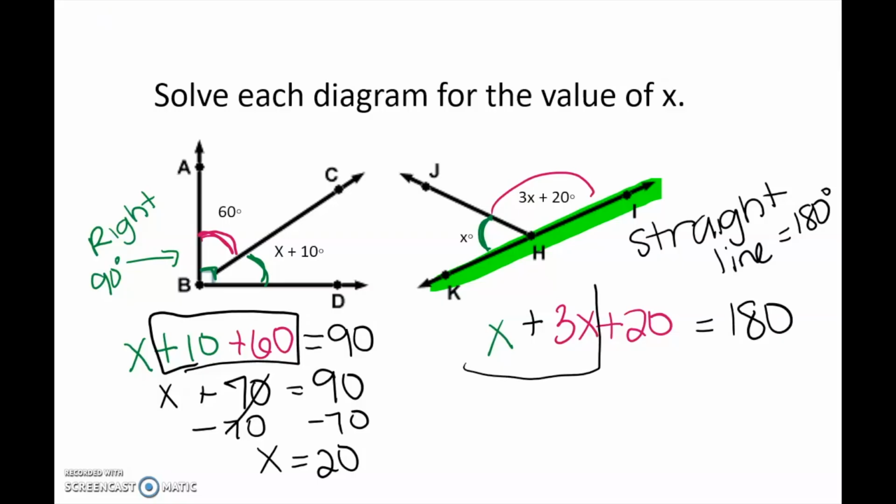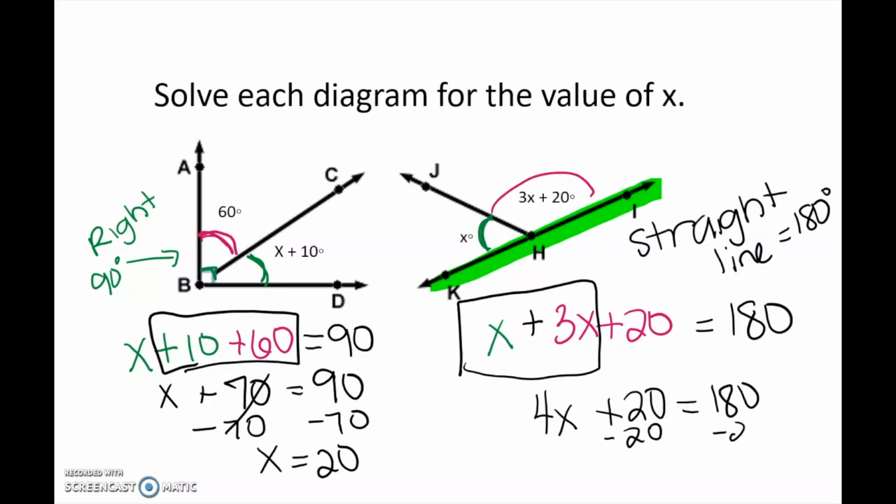Now this equation's a little complicated. The first thing we need to do is combine our like terms. x plus 3x is 4x. We bring down the plus 20 equals 180. Then we subtract 20 from both sides, and we have 4x equals 160.